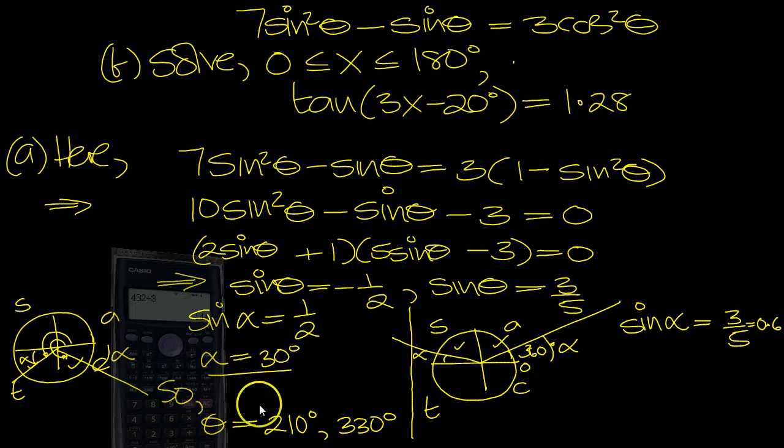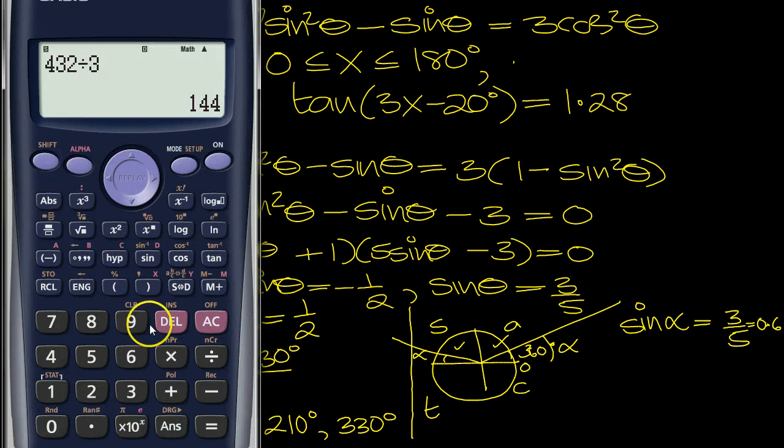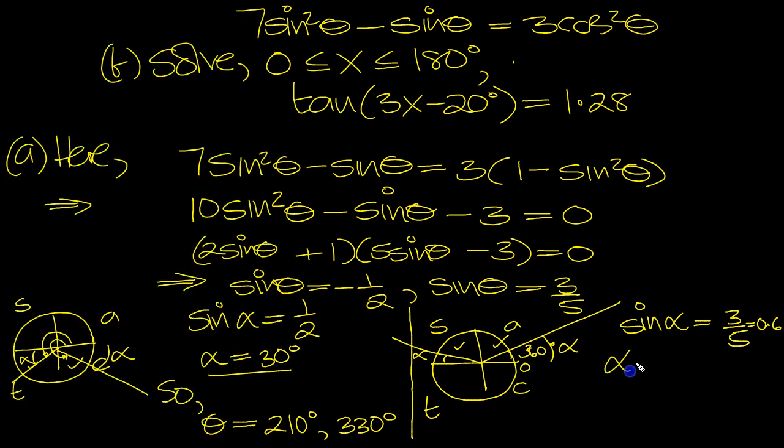Shift sine 0.6 equals 36.87, and that was to 2dp, wasn't it?